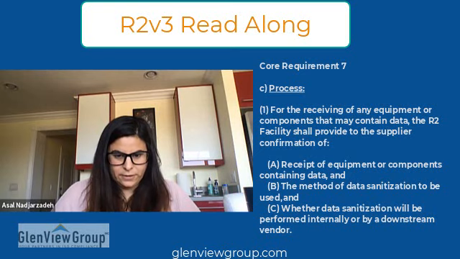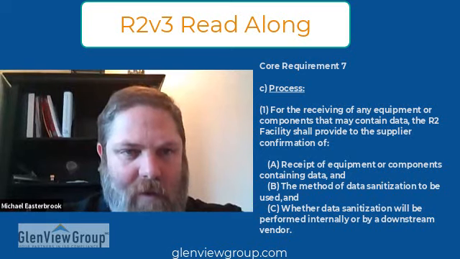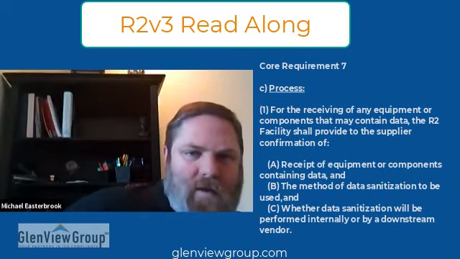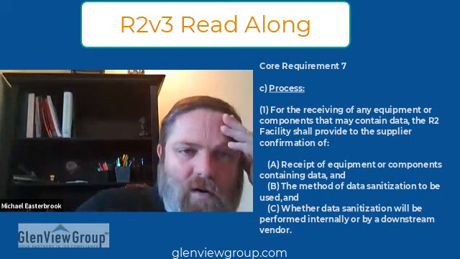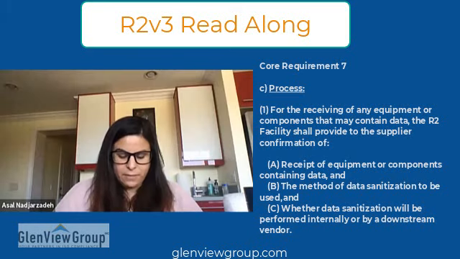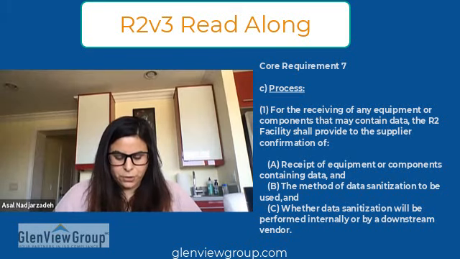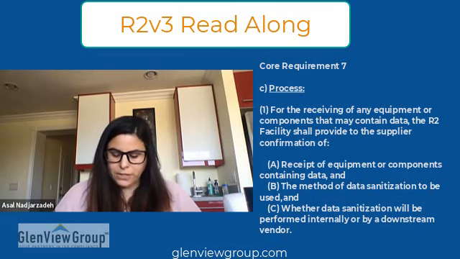Should we pause there? No, I think maybe all of these can be read. They're really short. B, the method of data sanitization to be used. And C, whether data sanitization will be performed internally or by a downstream vendor.